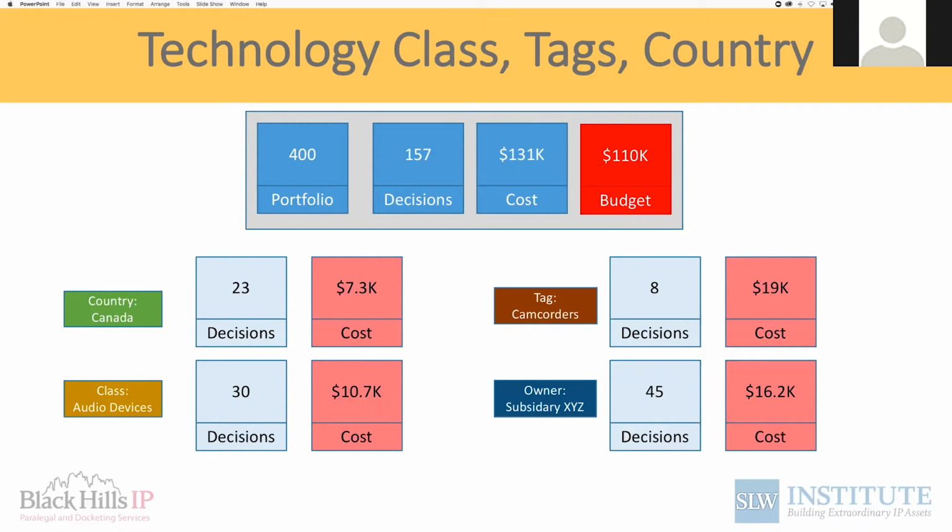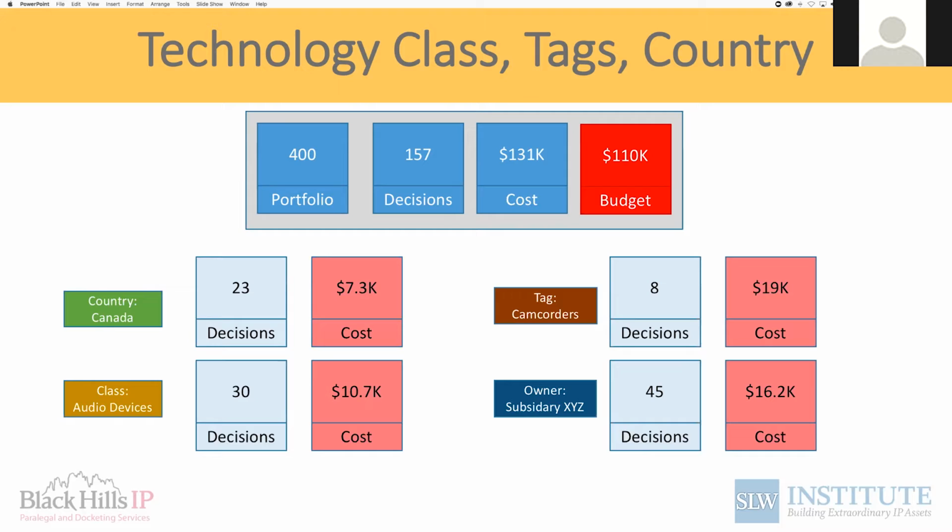All right, so to give a starting point, we're going to take a look at some bulk refinements by technology class or art unit, tags, and country. In some cases, if you've got a company with multiple subsidiaries, you can refine by those subsidiaries or the patent owner. Here are a few examples where I've done some refinements.